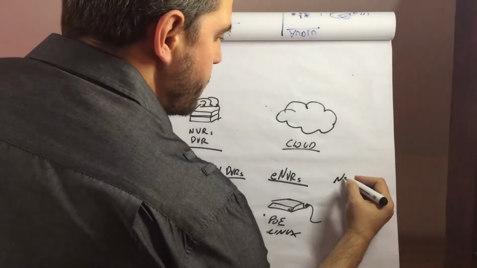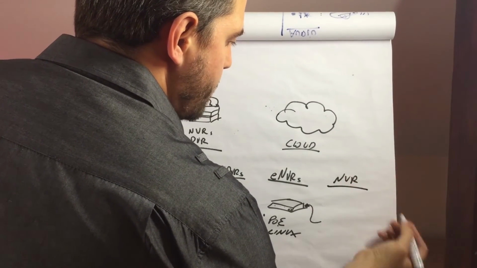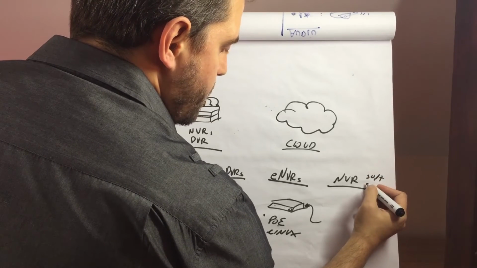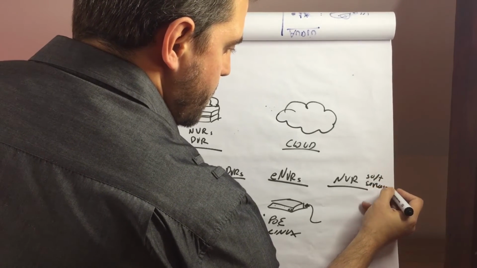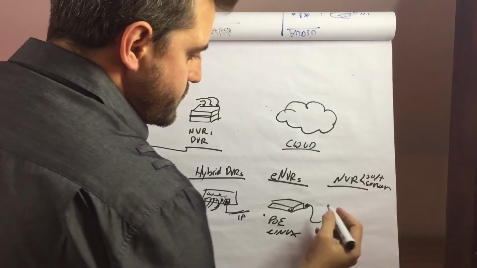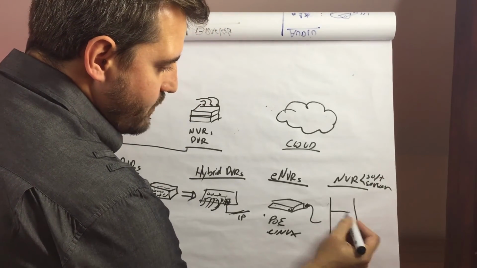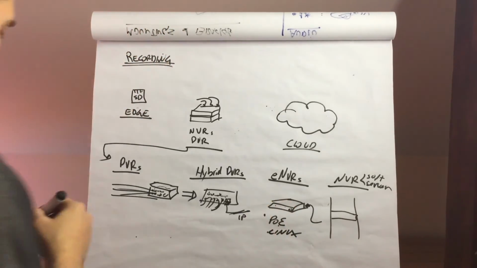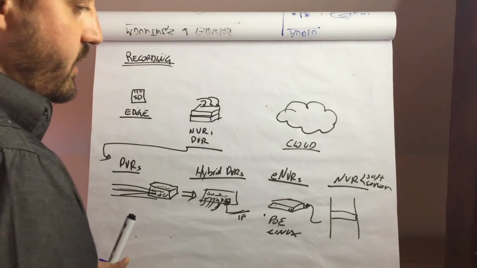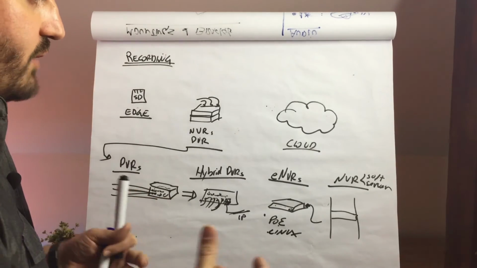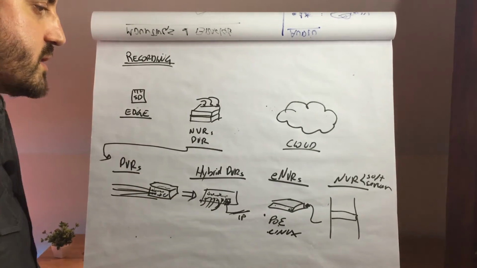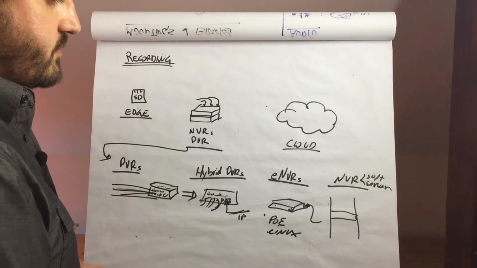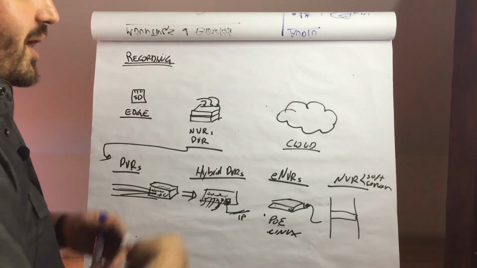And we have NVRs that can be software or server type. This is an embedded NVR; you can put it in a rack, and we have rack mounts for this type of NVR, but normally it's not designed for enterprise installations.